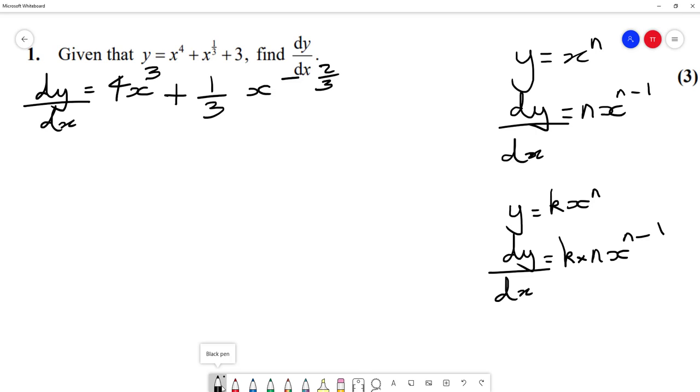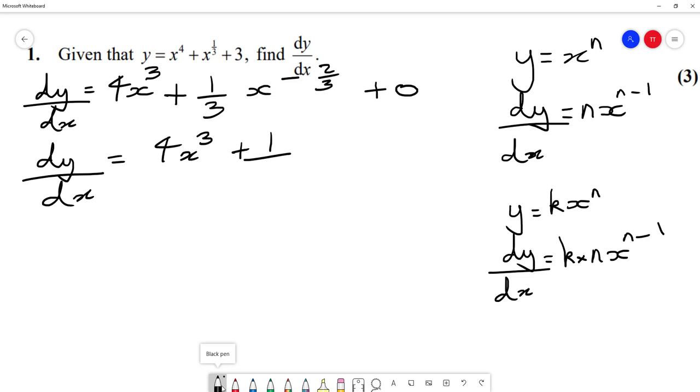And any number or any constant differentiated is 0. So when we differentiate this, we get dy by dx equals 4x cubed plus a third of x to the power minus 2/3.